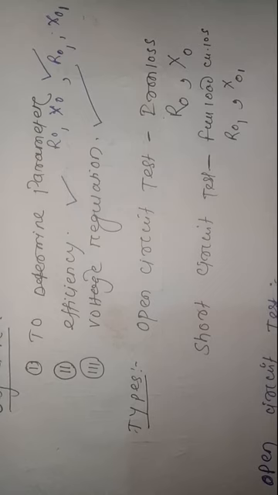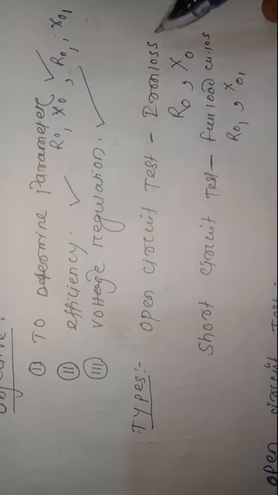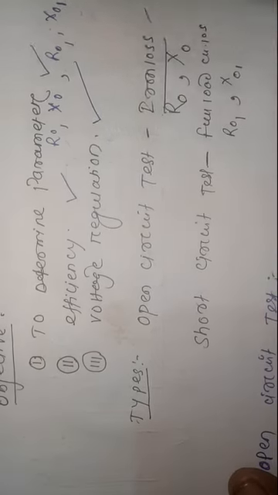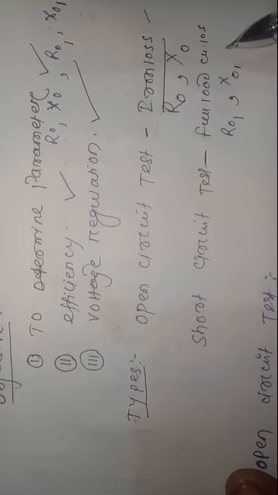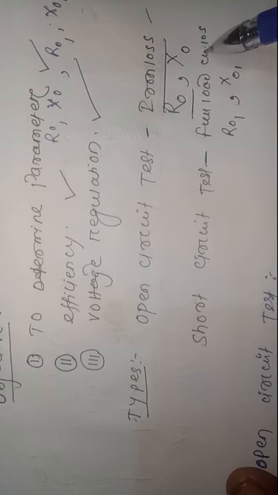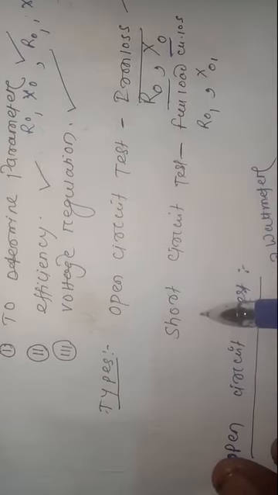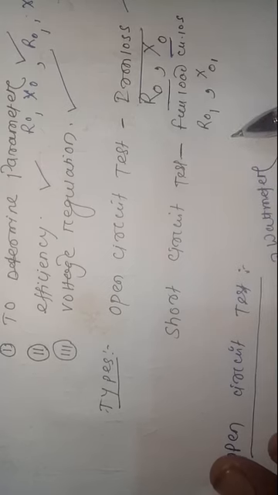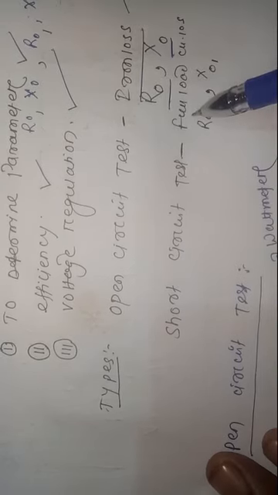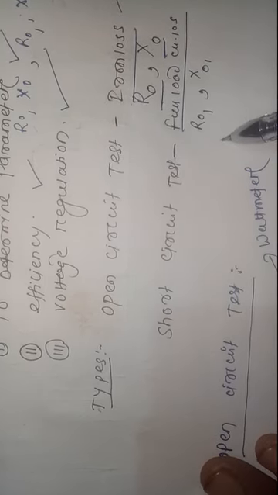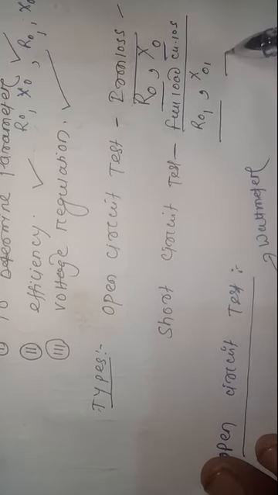The open circuit test is usually conducted to determine the iron loss and the parameters such as R0 and X0. And the short circuit test is generally conducted to determine the full load copper loss and the parameters R01 and X01.